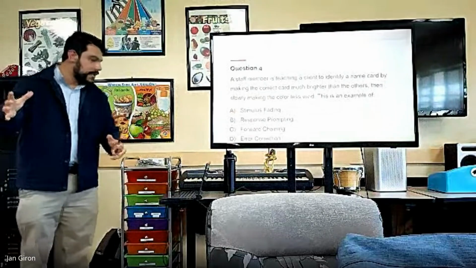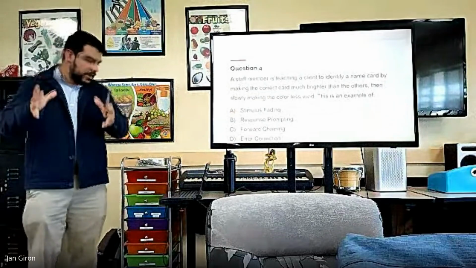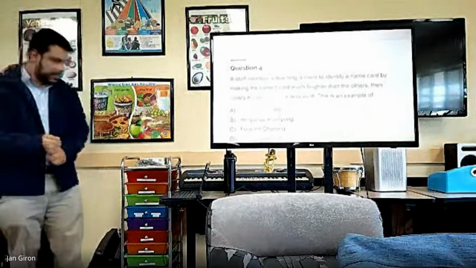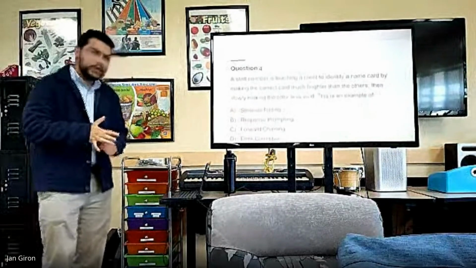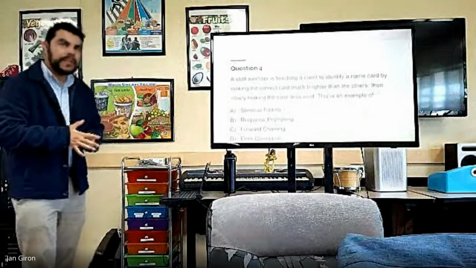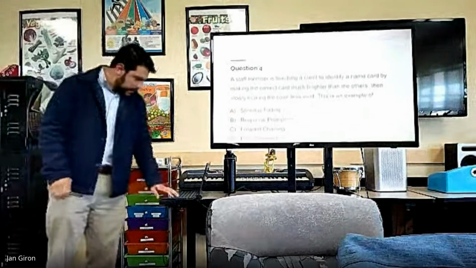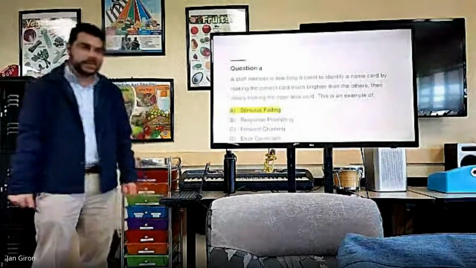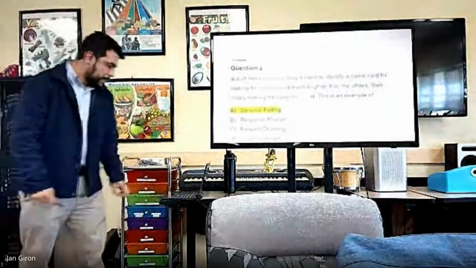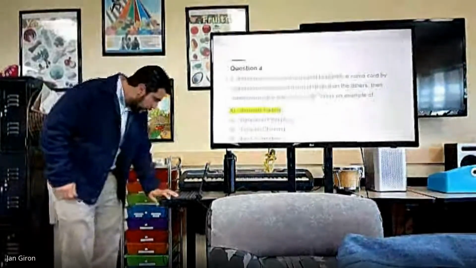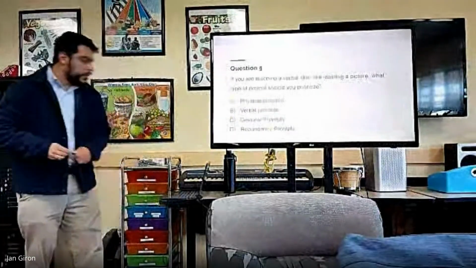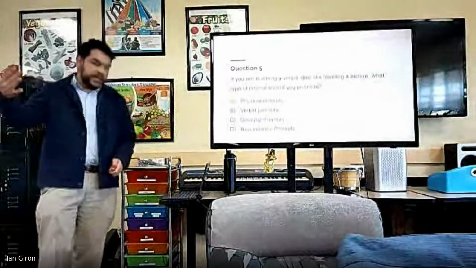Staff is teaching a client to identify a named card by making the correct card much bigger than the others, but then making the color less vivid. What is this an example of? Stimulus fading. Everybody in agreement? Yes, it is A, stimulus fading. Good. You're teaching a verbal skill like labeling a picture.